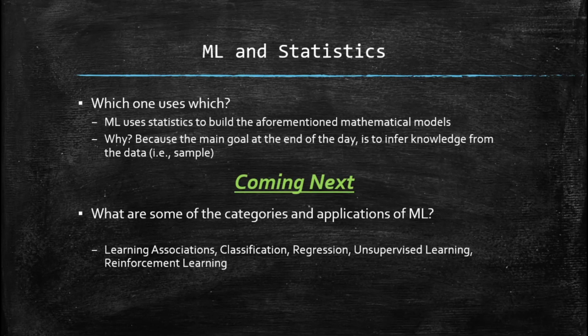We'll talk about learning associations, like if there are associations between different data instances in your data set, in your database, how to learn that basically, and what learning association is. We talk about classification more technically. We will talk about regression more technically. We will describe some math to make you more familiar with the core of the concept. We talk about unsupervised learning and compare it to supervised learning, and eventually we'll talk about reinforcement learning.